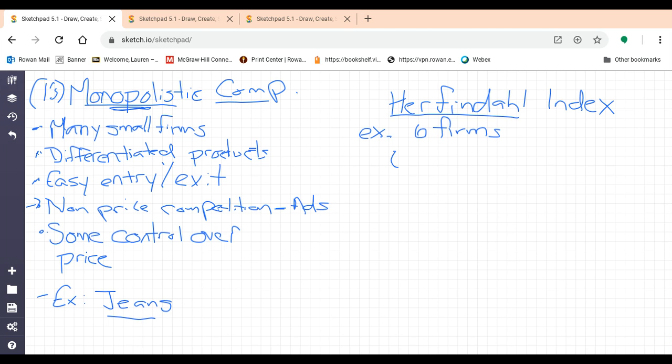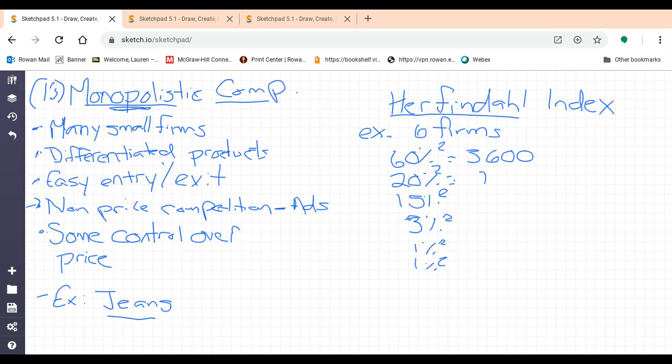Maybe one firm owns 60% of the market, another 20, another 15, and then 3%, and two have 1% of the market. A question you might see like this would be, what is this index number? All you have to do is square each actual number. Don't take a decimal, just take the full number. So instead of a percent, take 60. We square that, and that's 3,600.